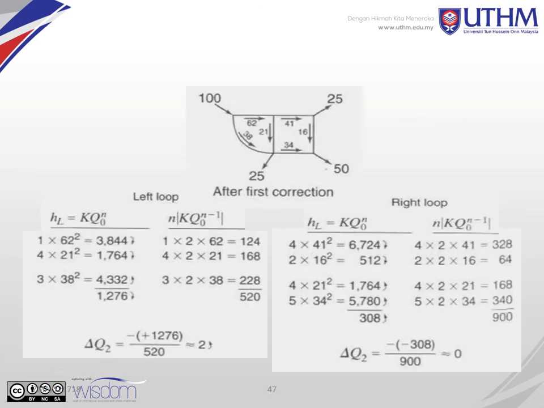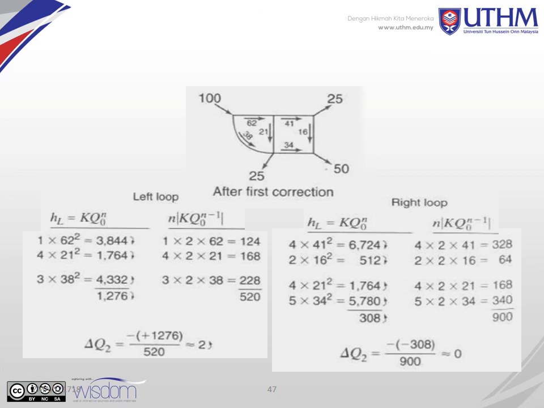So you add 2 to the 60 and subtract 2 from the 40, and you get the new flow in the pipe after the first correction. You solve until the correction on the right loop gets to 0.